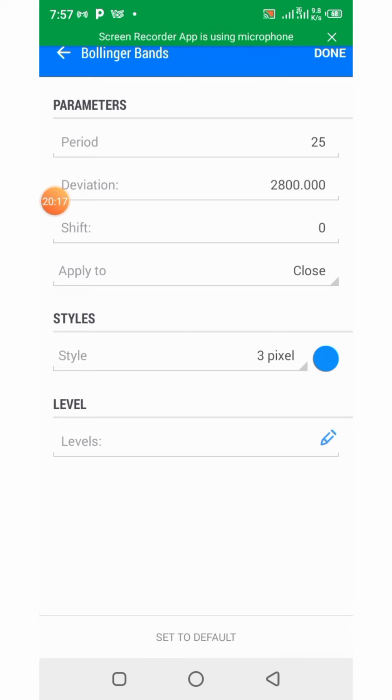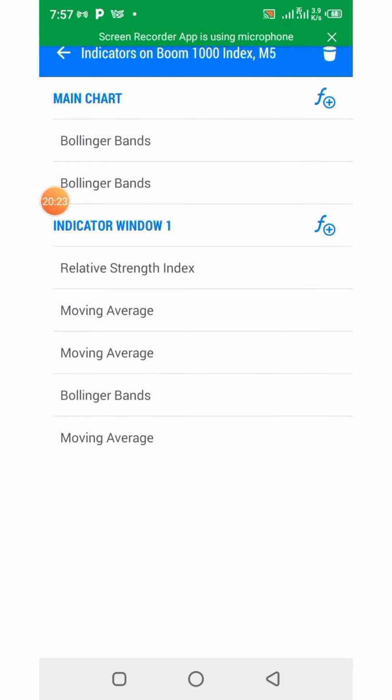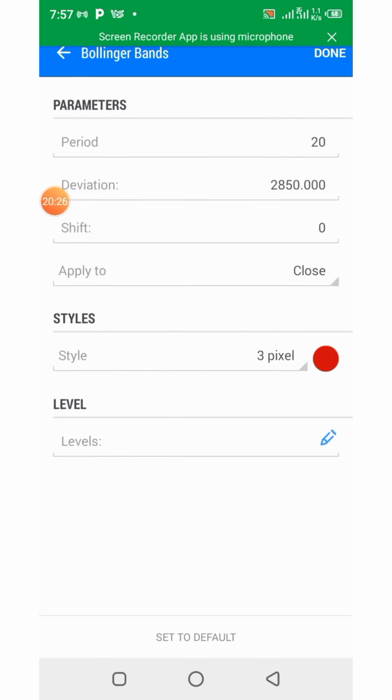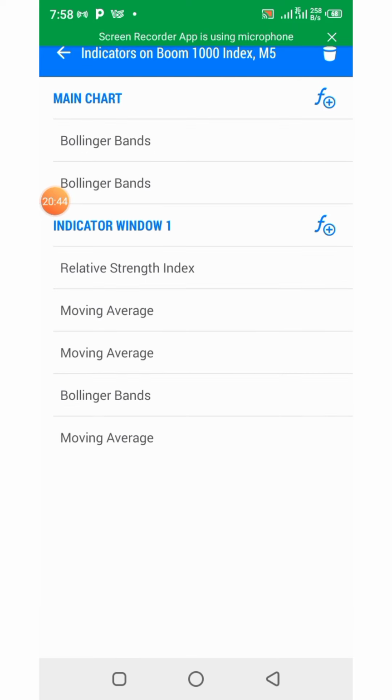You can use any color of your choice, but I would like you to use my color blue, and then you click done. The second Bollinger Bands, we have period 20, deviation 2.85, shift 0, apply to close, then style 3 pixel, then color is red. You can also click done, and then there you move.